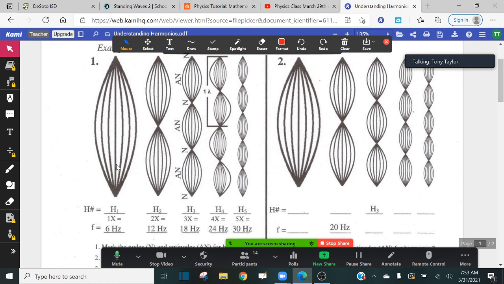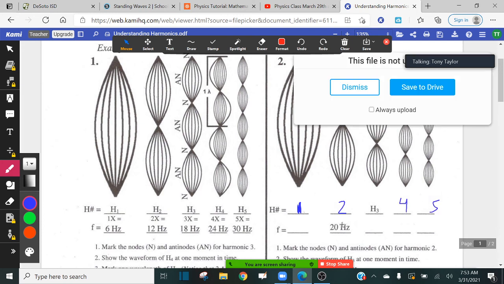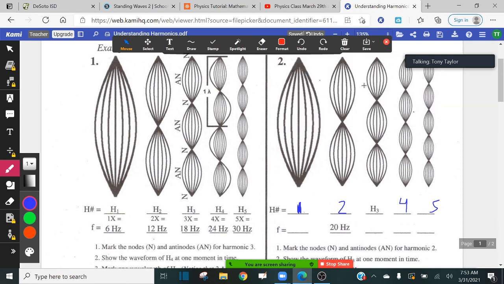And remember, we talked about this last time. So for example, imagine that you have here the first harmonic, the second harmonic, the third harmonic, the fourth harmonic, and the fifth harmonic. Now, what if they ask you to go backwards? What if they give you the frequency, let's say here at the second harmonic, and they ask you to find the fundamental frequency, or in other words, the frequency of the first harmonic?